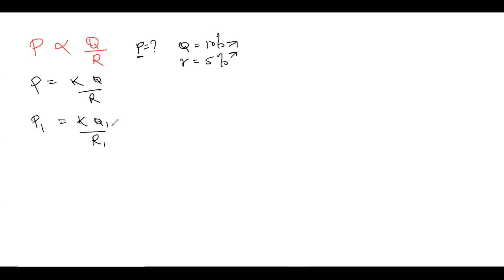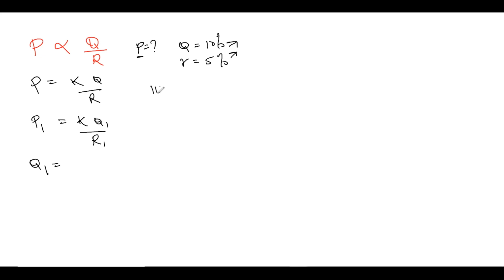I want you to understand that well. These are the values of P, Q, and R after the changes that happened here. And these are the values of P, Q, and R before the changes. But now, in the question, Q increased by 10%. So this new Q, which I'm calling Q1, will be 100 plus 10%, which is the same as 110.